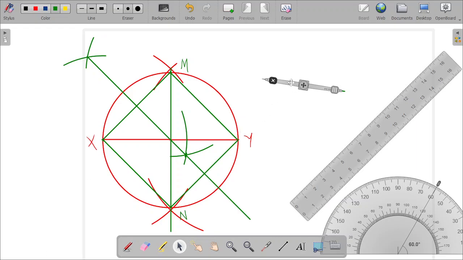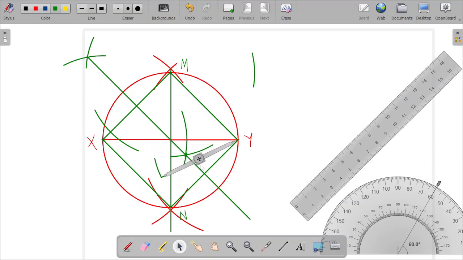So now let's place your compass on point M. Make sure it's more than half, which is correct. Then you make your first arc above and below, like that. Then you place your compass point on point Y and make your second arc like this. Make sure this arc is cutting the first one that is below.